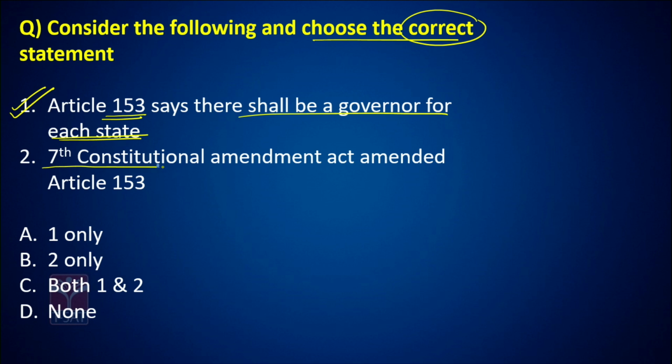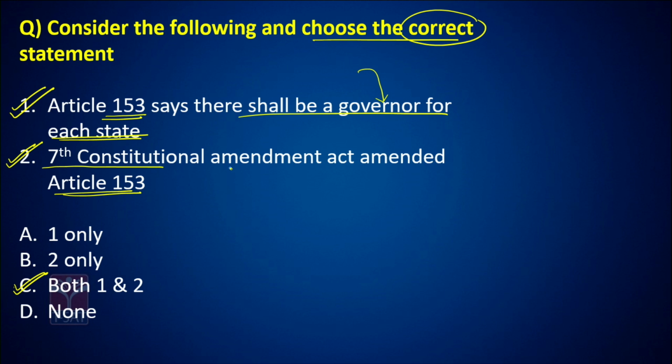The 7th Constitutional Amendment Act amended Article 153. Very important, this is also a correct statement. Answer is C. But let me explain this. Article 153 says there shall be a governor for each state.